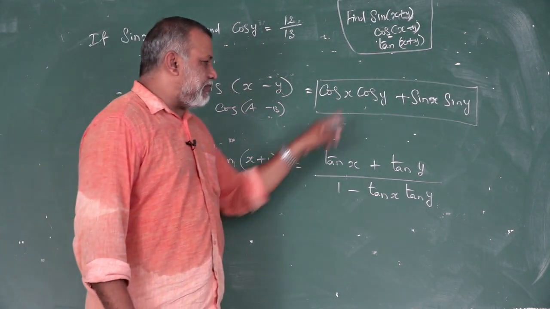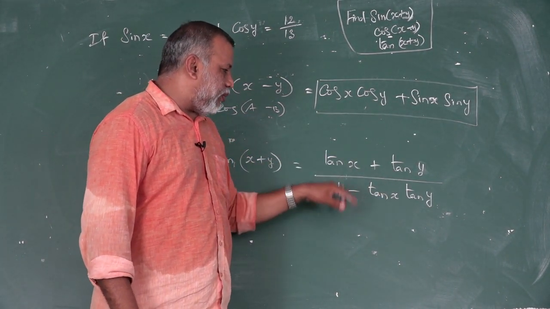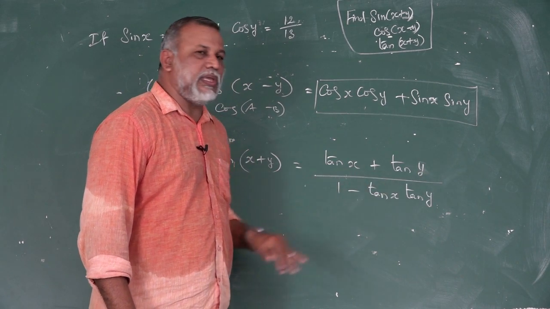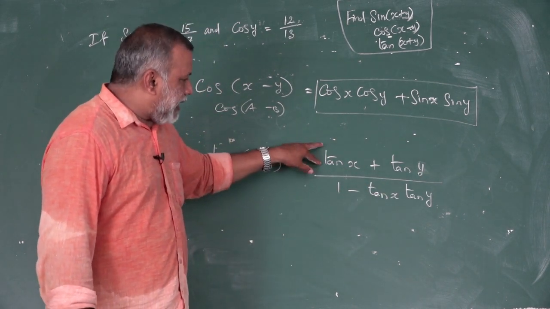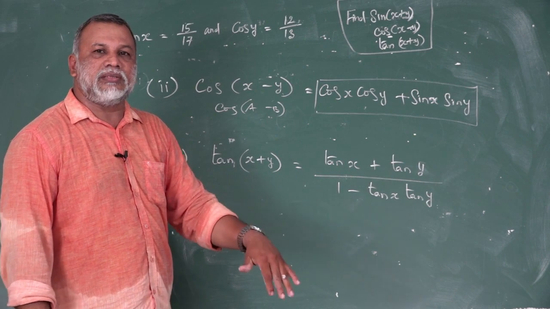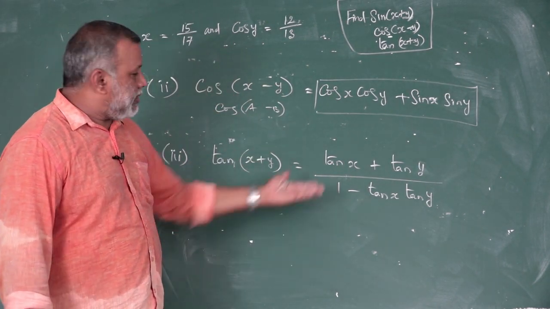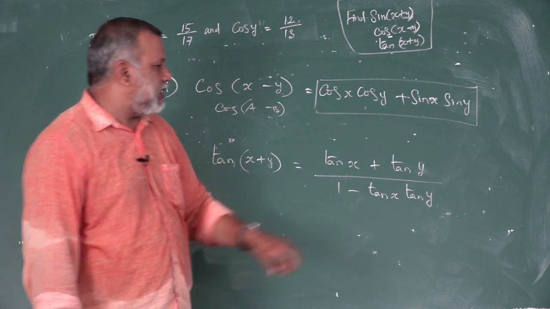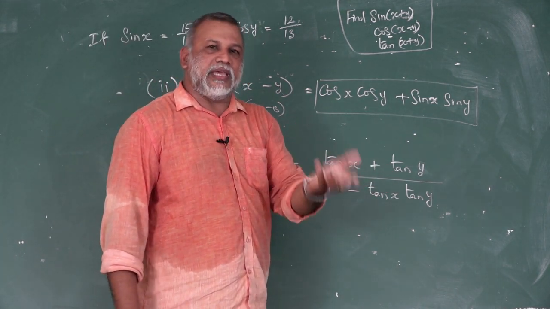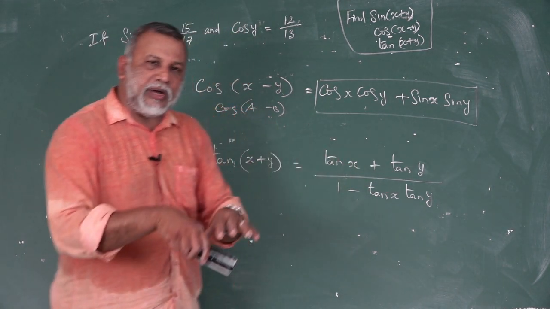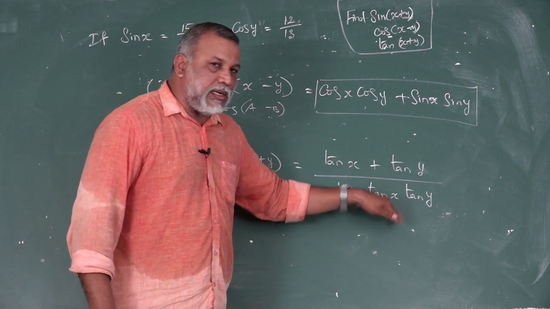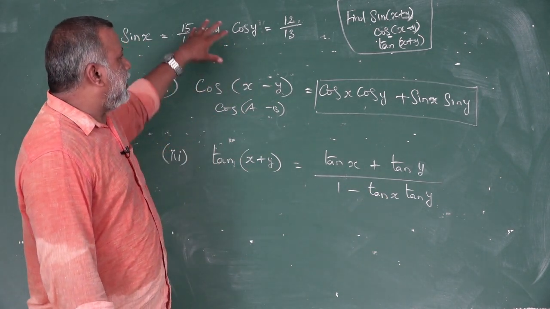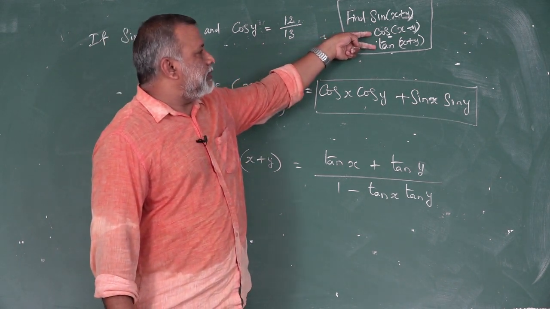So tan x plus tan y divided by 1 minus tan x tan y. Now tan x means sin by cos. Already you have sin and cos, so substitute the values of sin by cos. Similarly tan y is sin y by cos y. With the help of that you have to substitute the data, simplify and work out the two sums.